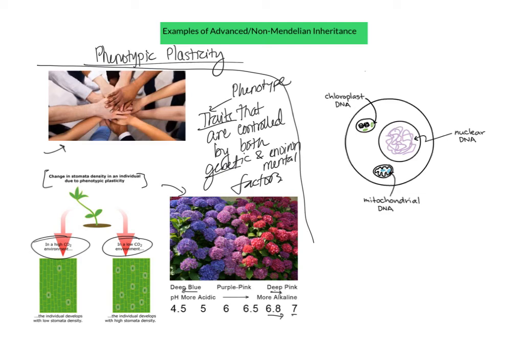The next example here is something called non-nuclear inheritance, or extranuclear inheritance is another name. And the main idea here is that we learned back in the beginning of the school year, Unit 2, about the theory of endosymbiosis, and in that theory we learned that these two organelles, mitochondria and chloroplasts, which both are present in plant cells, but only mitochondria are present in animal cells, actually contain their own DNA.